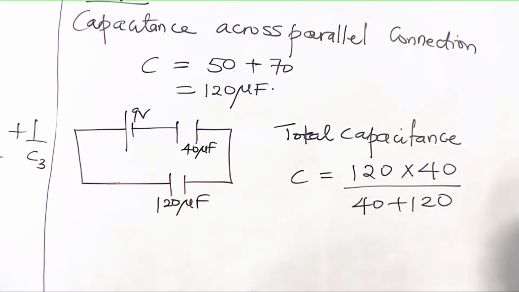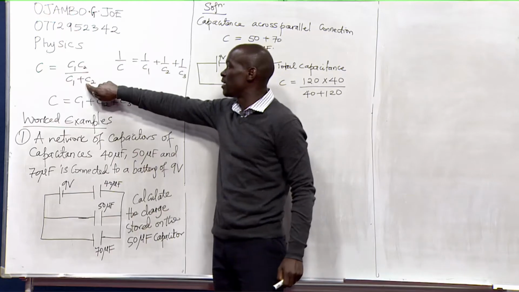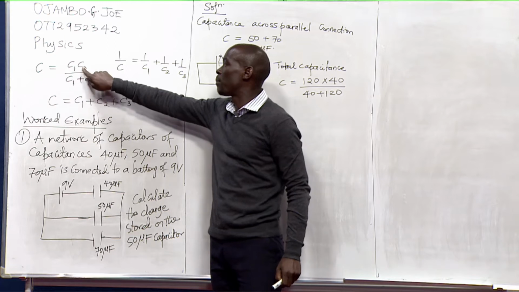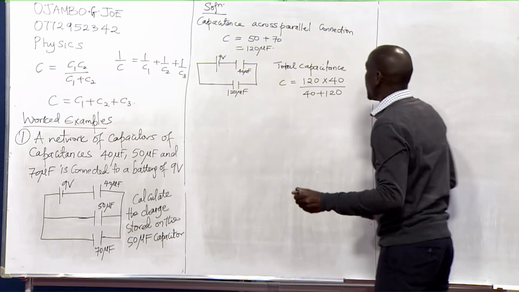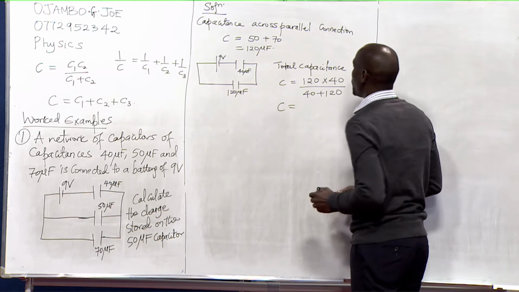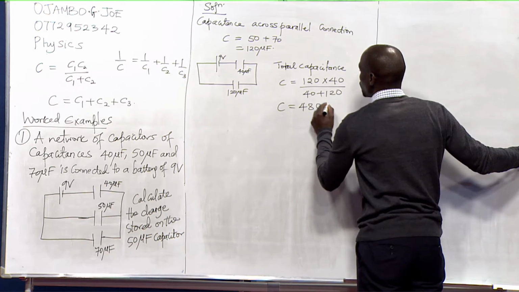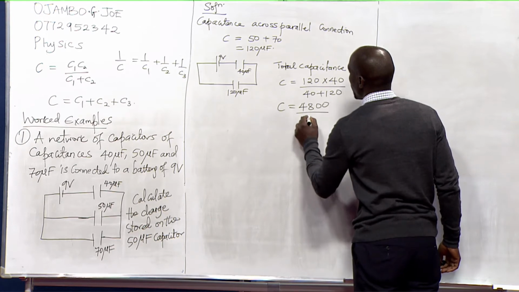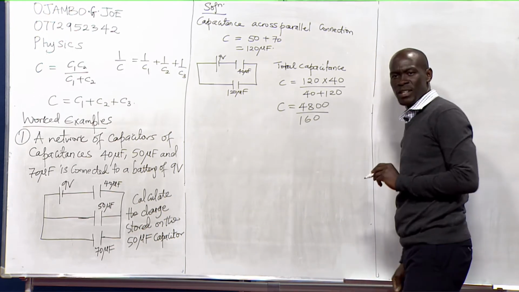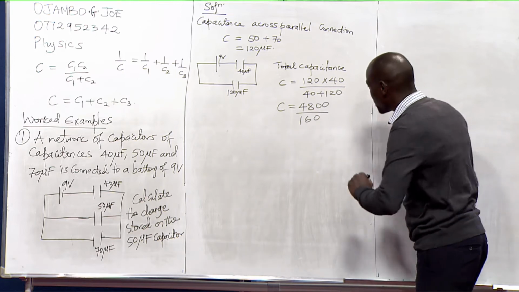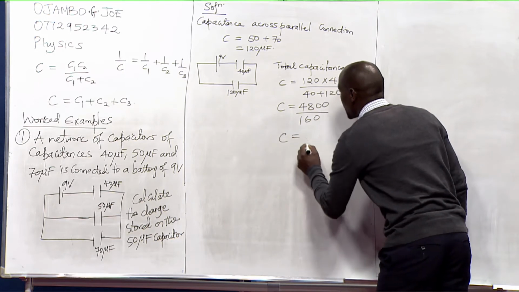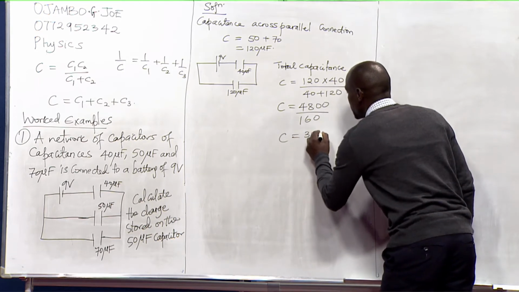If you remember very well, when they are two in series, the effective is given by product over sum. And this is now going to be, when you get your calculator, 12 times 4 is 48, with 2 zeros, over 160. I think that is correct mathematics, isn't it so? Good. So C therefore becomes 30 microfarads.